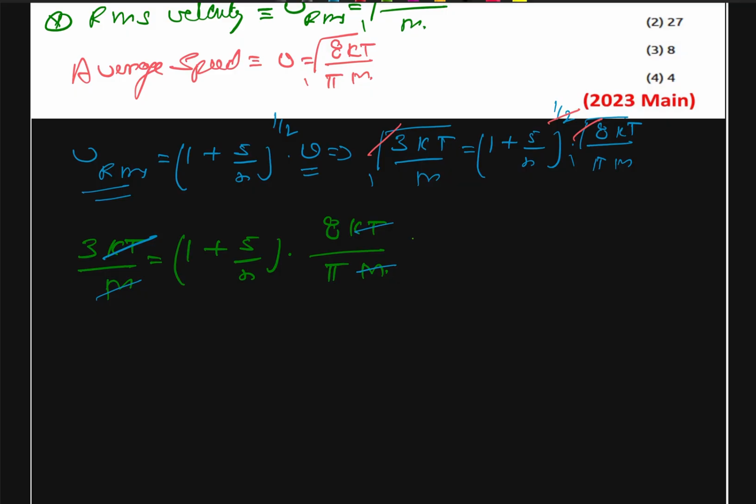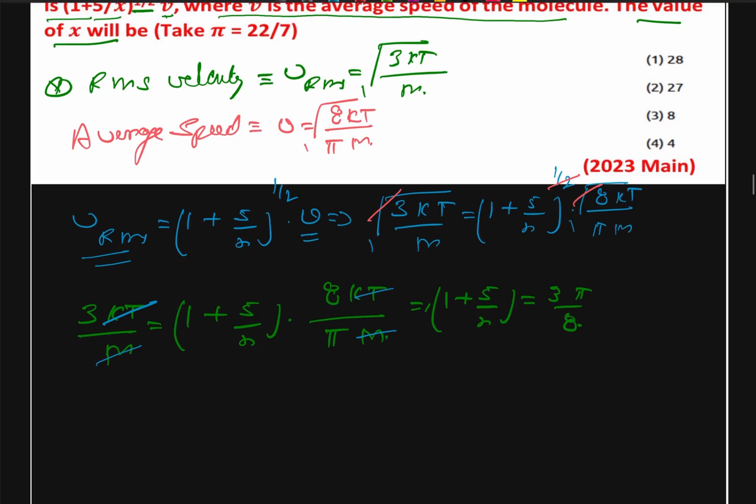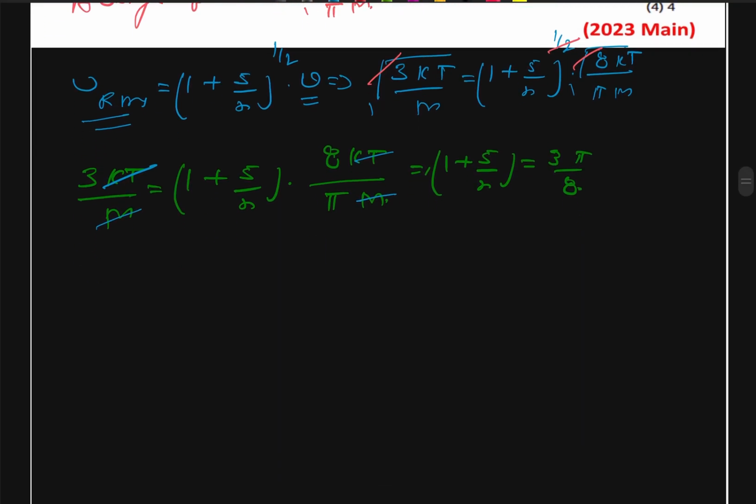So we can write 1 plus 5 upon x will be equal to 3 pi by 8, and pi we substitute as 22 by 7. Okay, so we can further solve it.